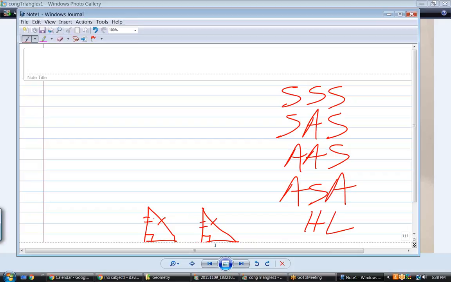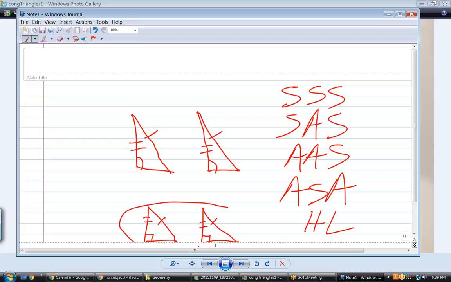And notice what that actually is when you're dealing with a right triangle. That's actually side, angle. So side, angle works as long as the angle is 90 degrees or more. In other words, if I have this, there's an angle that's more than 90 degrees. And if I have another triangle, and I know that that angle, say, is 95 degrees, and it's the same as that, and I know either of these sides, that's side-side angle, and they are congruent.